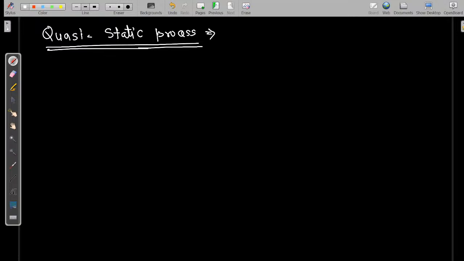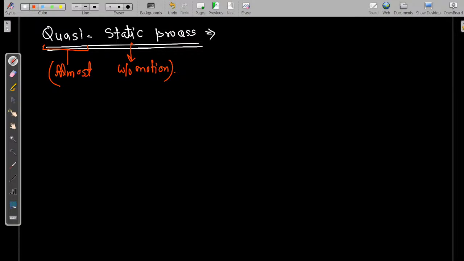So what do you mean by quasi static process? Quasi means almost, and static means without motion. So quasi static means a process which is almost stationary.